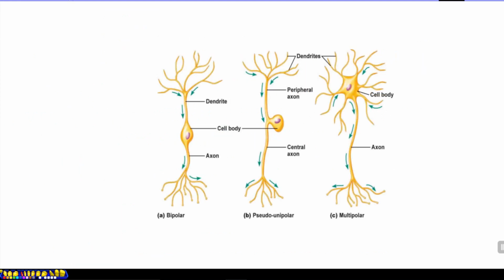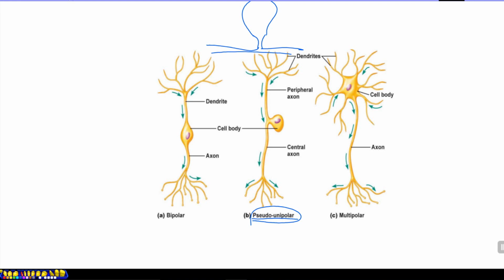The pseudo-unipolar neuron has one cell body with only one extension, but after this the extension divides into two. One side acts as an axon, one side acts as a dendrite. So it is not really a unipolar or multipolar neuron, but it looks like one.